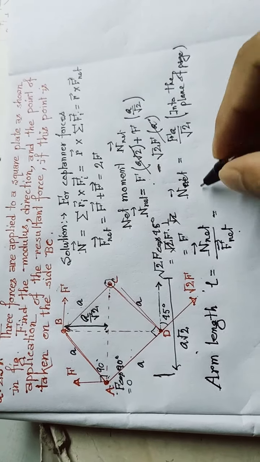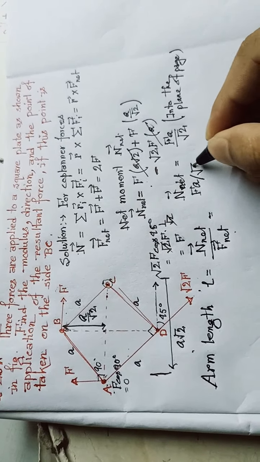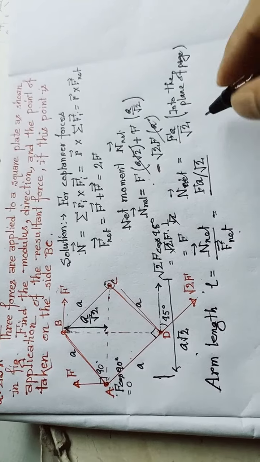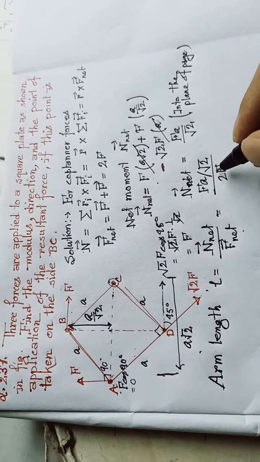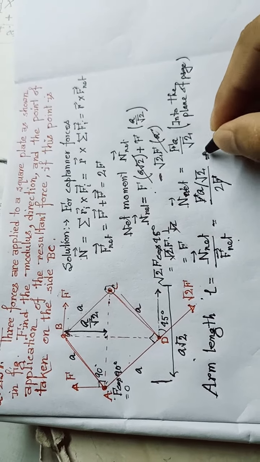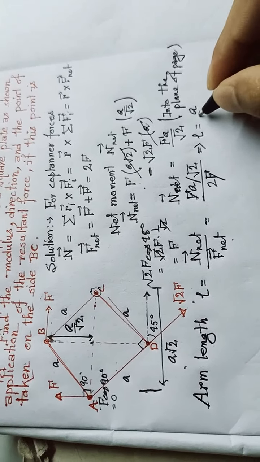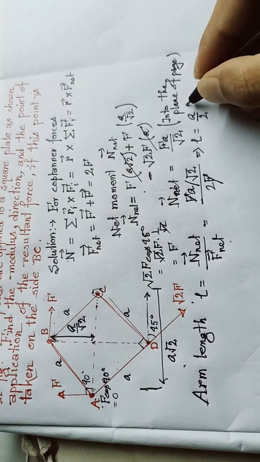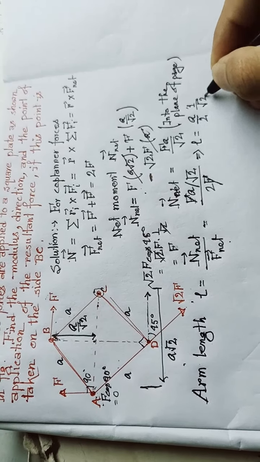So we will divide these two equations, so that our equation will be FA divided by root 2 divided by 2F. So if we cancel this, the F and F get cancelled, then our arm length will be A divided by 2 into 1 by root 2.